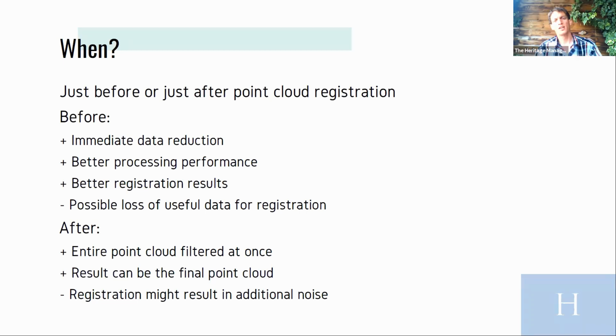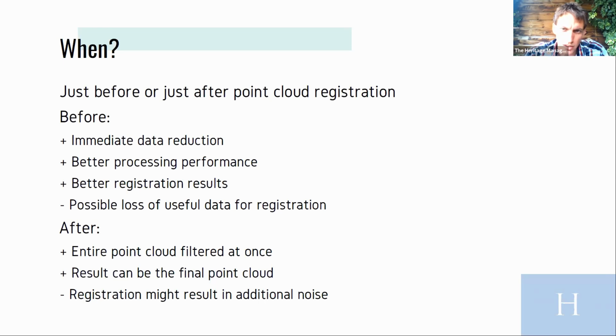However, it might also result in a loss of useful information for the registration. If you're only focusing on your study area, then you will have a limited amount of data also for the cloud-to-cloud registration. So it's some kind of a trade-off that you will have to make here.